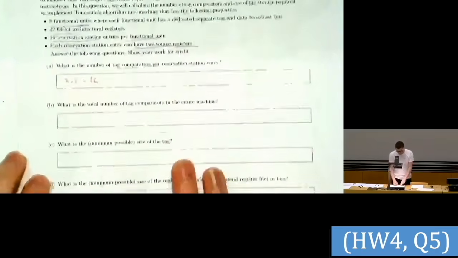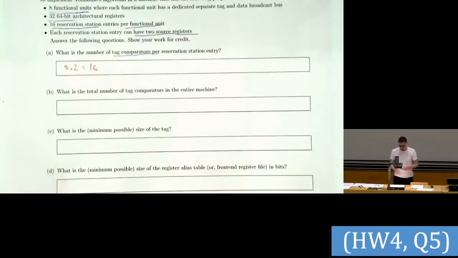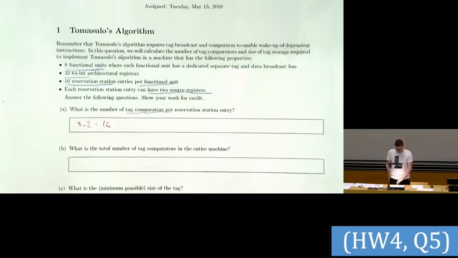And then the second question, B, is what's the total number of tag comparators in the entire machine? This is kind of tricky, because if you just think about reservation station entries, you may not take into account the RAT, the register alias table. It should also have some comparators, because when you calculate the result, you need to update not only the reservation station entries, but also the register alias table, which is not shown here.